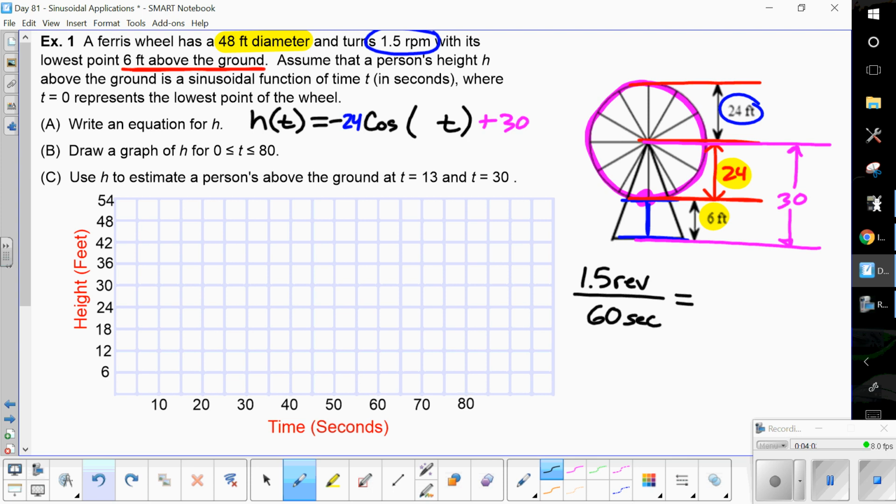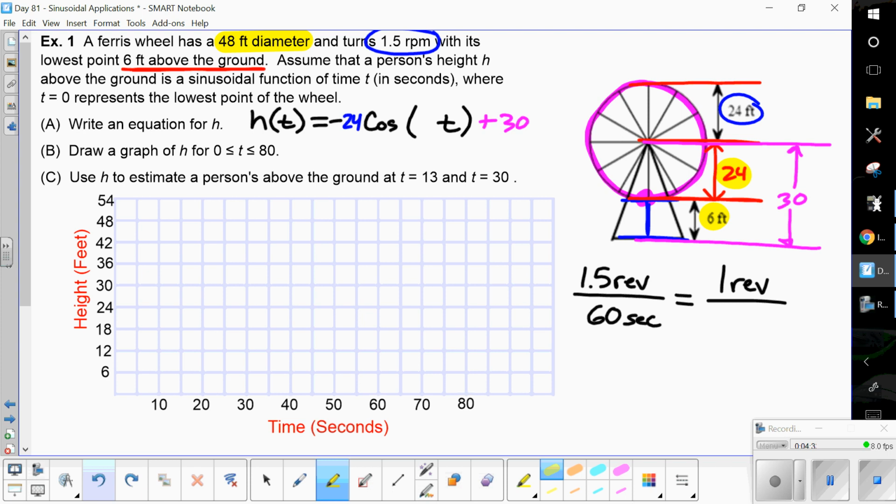Now you'll notice when I was highlighting this and I was going around this Ferris wheel here, when I want to make one full period of cosine, I go one time around, not a time and a half. That wouldn't make sense, to go 1.5 times around. So I need to convert this. And I need to know, what about 1 revolution?